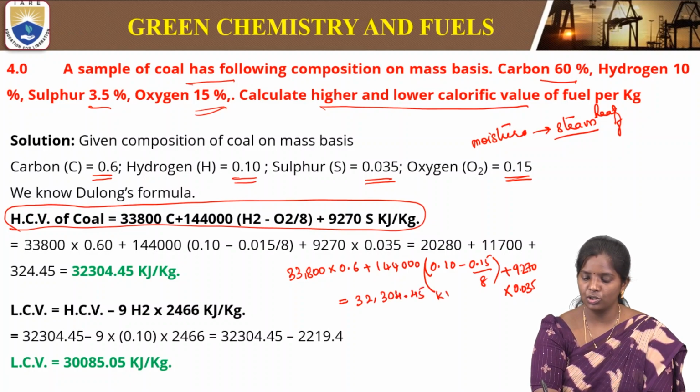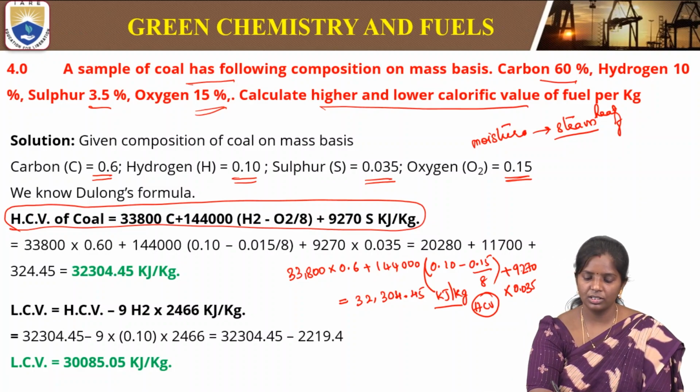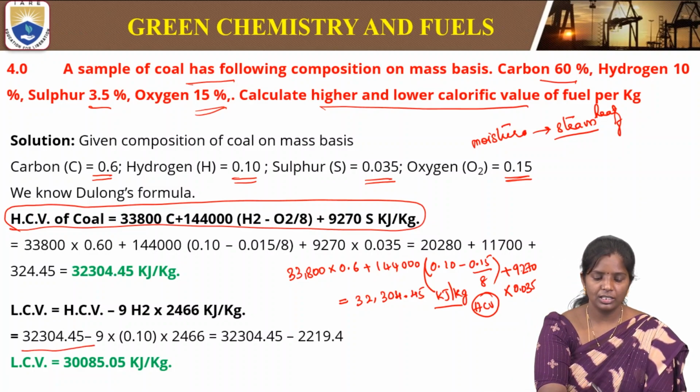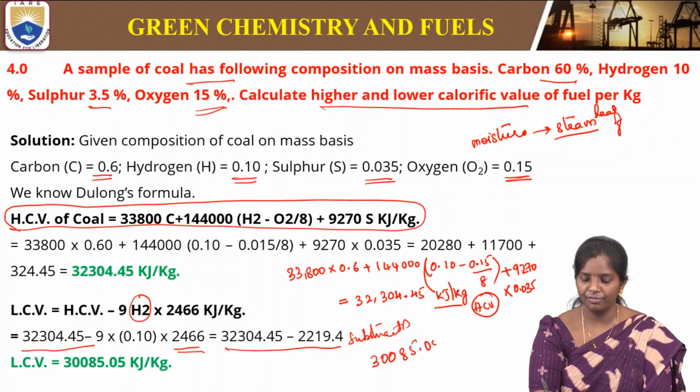32,304.45 kilojoules per kg. So this is the HCV value. And for the LCV value, substitute this HCV value here, minus 9 into hydrogen 0.1 into 2466, and upon calculation and subtraction, we get 30,085.05 kilojoules per kg.